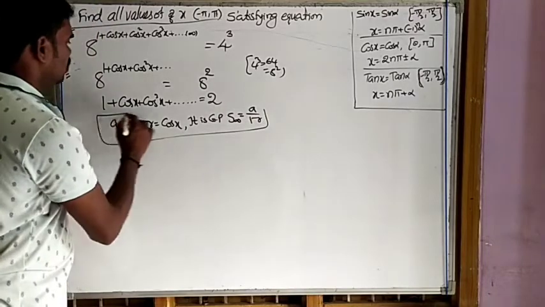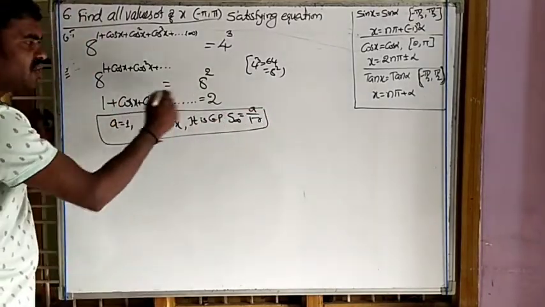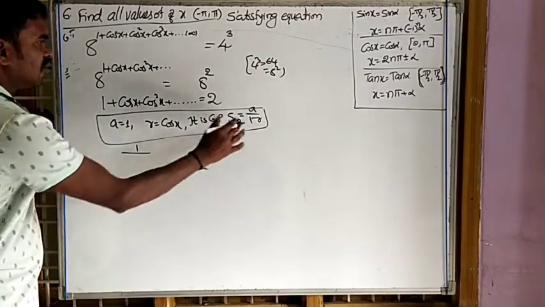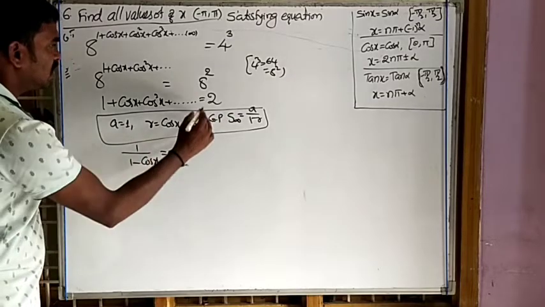So by using this condition, this value can be written as a by 1 minus r. Here a means 1, so 1 by 1 minus r, where r is cos x, is equal to 2.